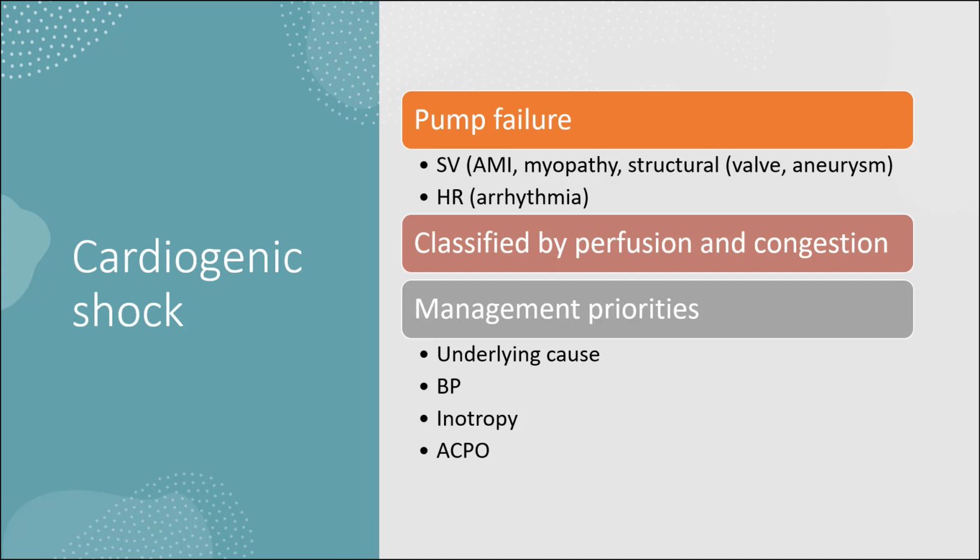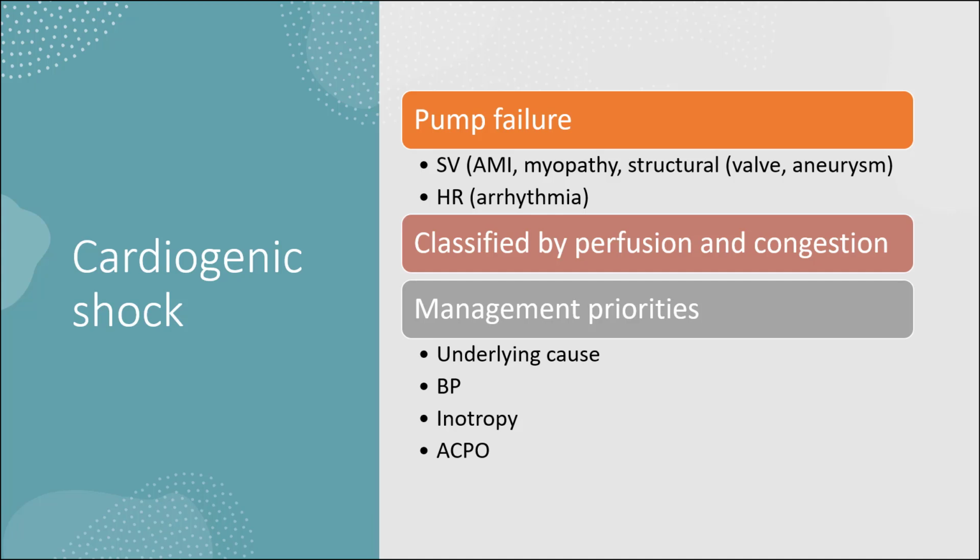And finally, we looked at the management priorities and have stressed that managing the underlying cause is the most important goal, and that we should get treatment underway, or at least make arrangements for things like revascularization before we move on to the other treatment priorities. From there, we can look at three main branches to treatment.